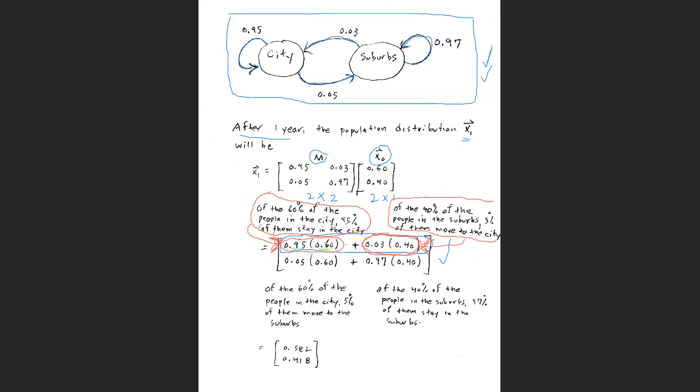How do you take 3% of 40%? Think back to middle school when you learned about percents. That's 0.012, 1.2%. That's right, Matthew.